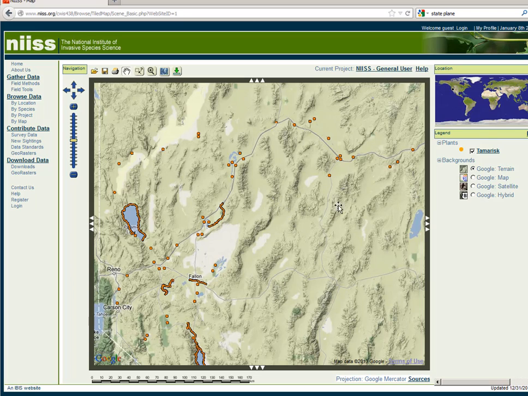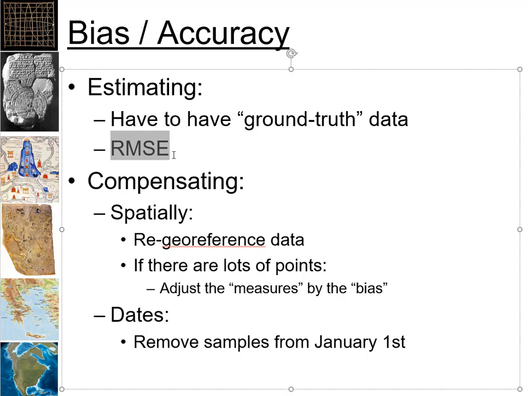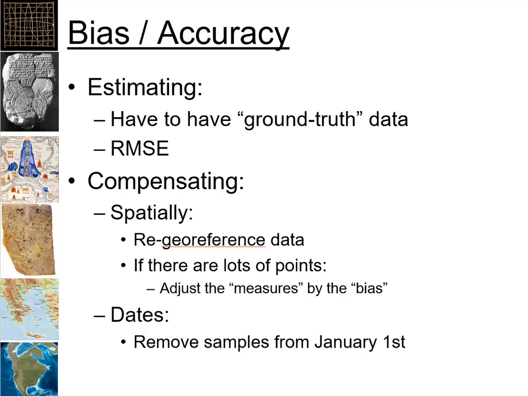Our solution was to send folks off into the desert. And sure enough, they found tamarisk out here. And so we corrected some of our data that way. Now, in order to estimate the amount of accuracy, again, you have to have ground truth data. That's the hard part. You've got to make sure you got really good data. And then you can use RMSE, root mean squared error, to estimate your accuracy. Compensating for it is difficult.